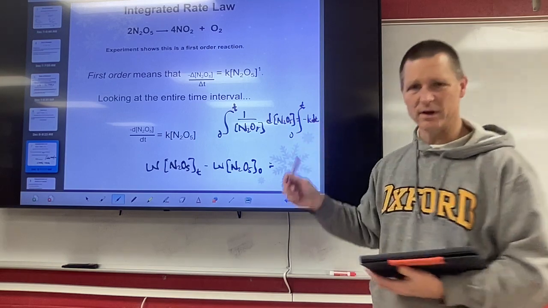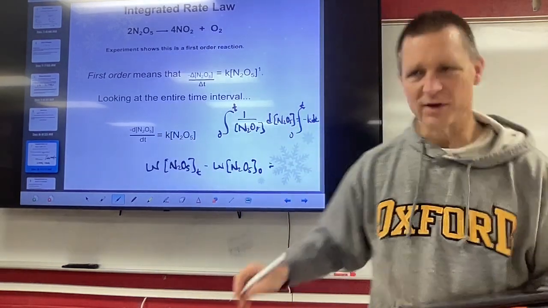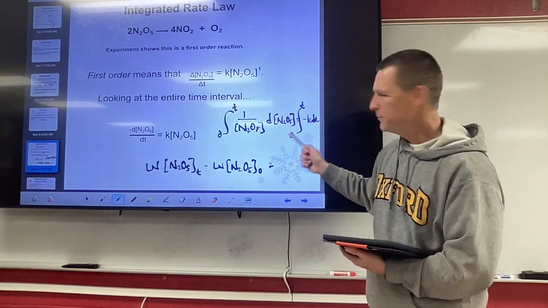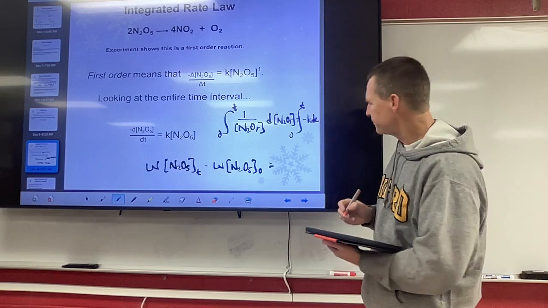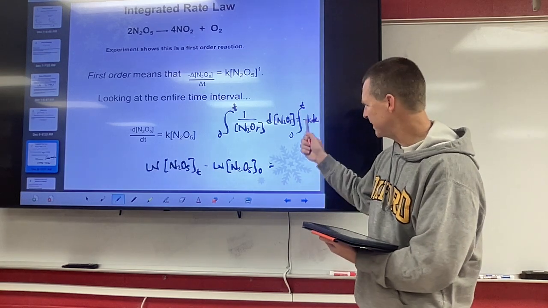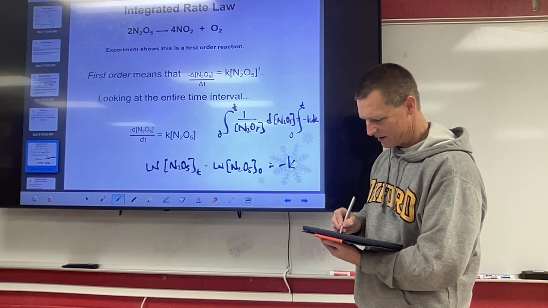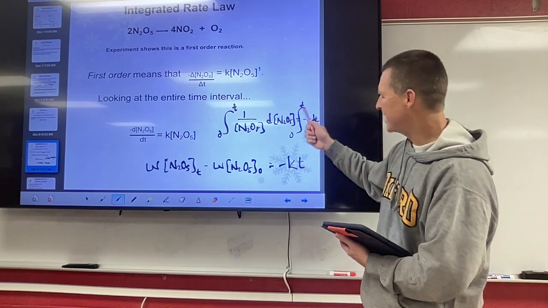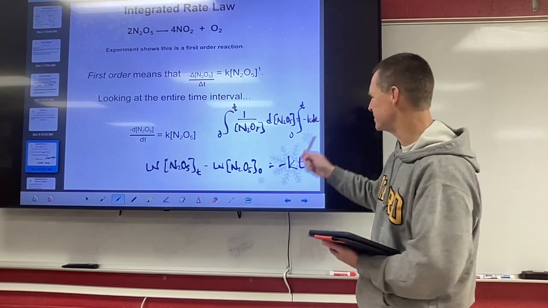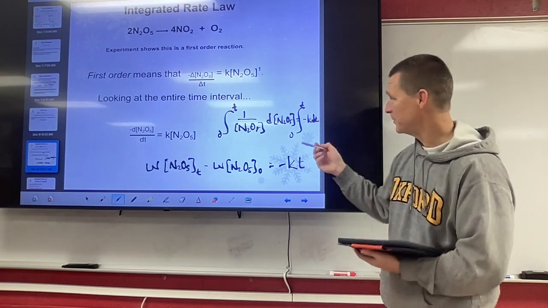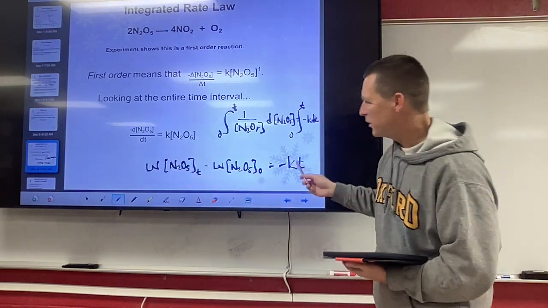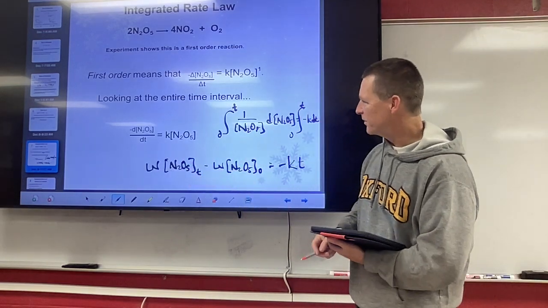The k is a constant value, so it could go outside of the integral. So it would just be negative kt, time at t minus time at 0, which we would just leave out because it's times 0. So this is the integral of both sides of that relationship.